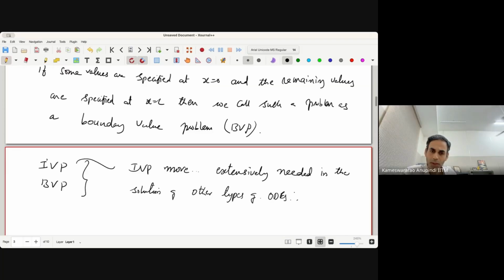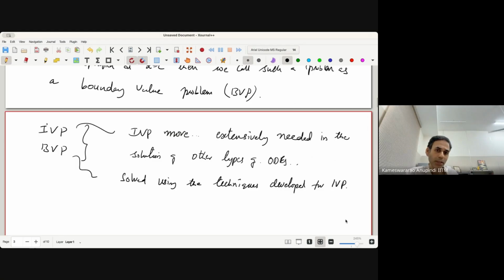In fact, the boundary value problems can also be solved using the techniques developed for initial value problems. So we will mostly focus on how to solve initial value problems, and then we'll also see how boundary value problems can be solved.